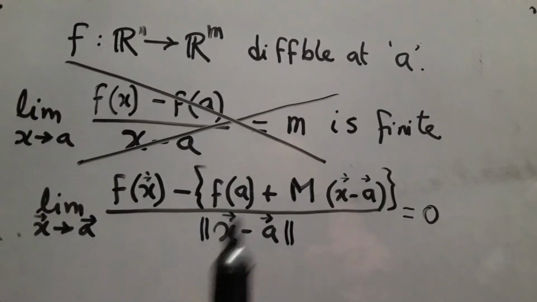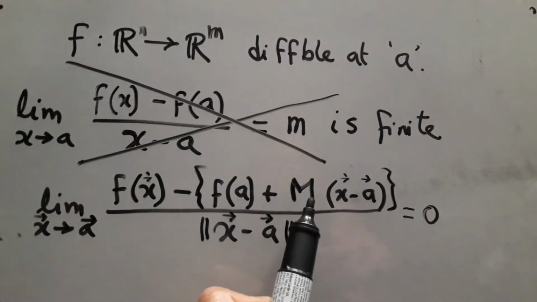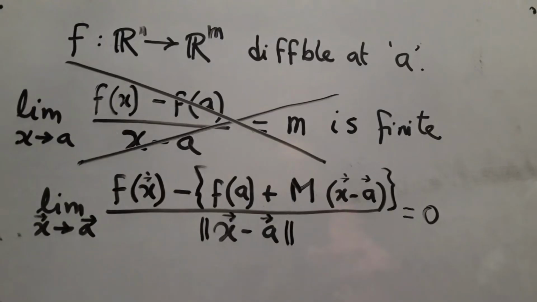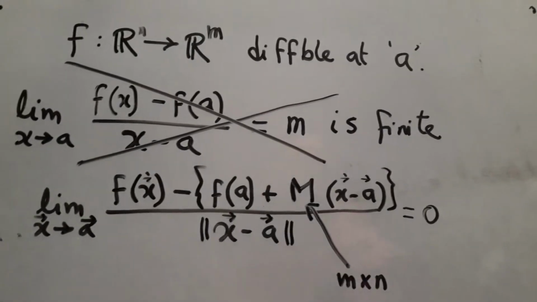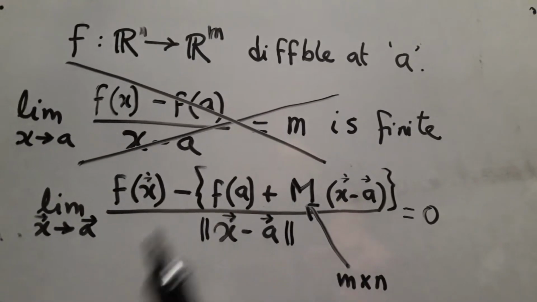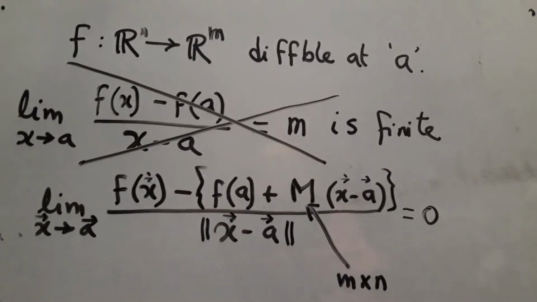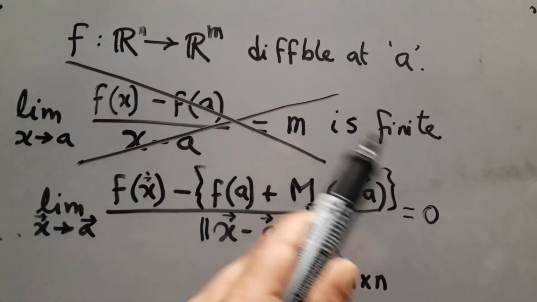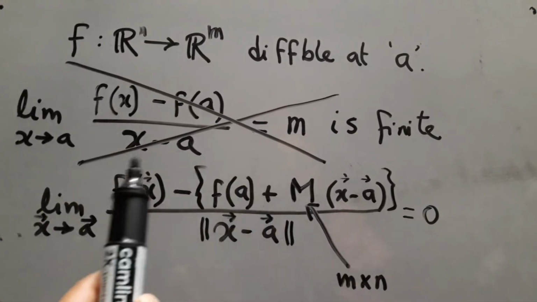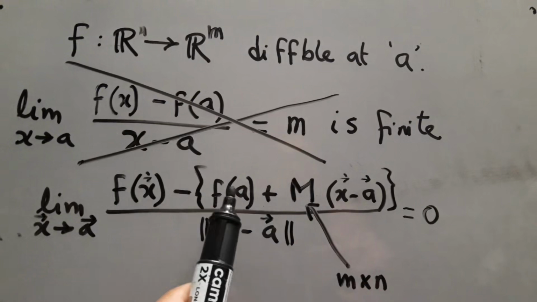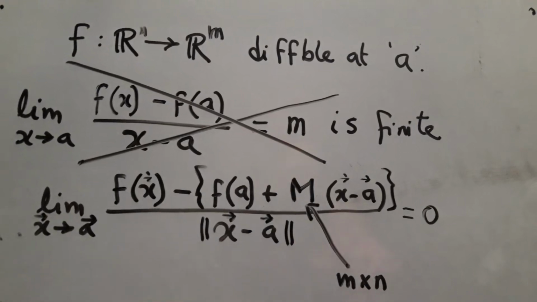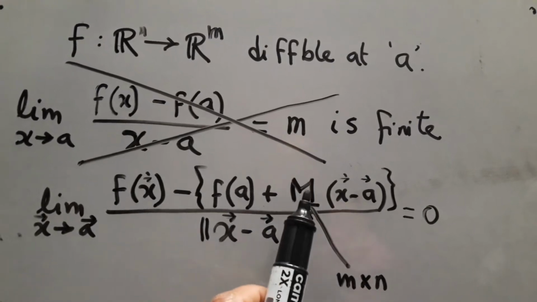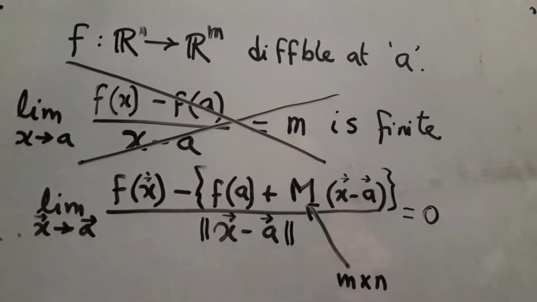So we shall say if such a matrix M exists, the order of this M has to be m cross n. If such a matrix exists, then we shall say that the function f is differentiable at the point A and the derivative is the matrix m cross n.